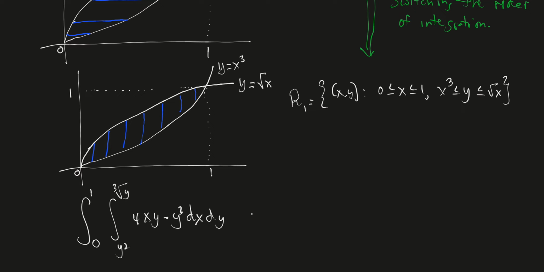This would be exactly the same if we did it using the type 1 pair of inequalities: y going from x cubed to the square root of x. The surface stays the same. It's just that now we're changing the order. So now we're first integrating with respect to y, which means we have to use these inequalities, and then the second integral with respect to x from 0 to 1, right?